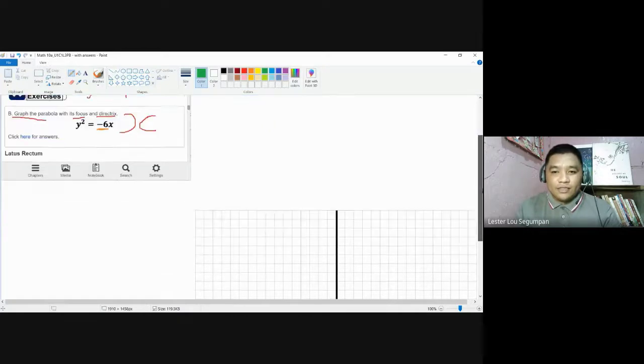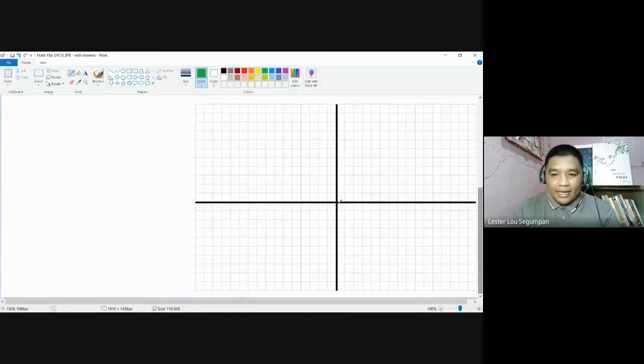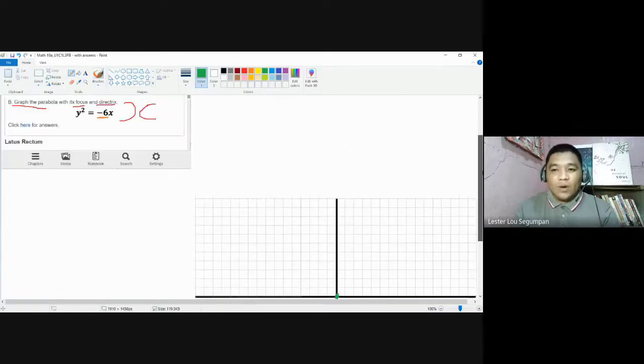So let's use this Cartesian plane here again. We are going to have here our vertex at 0 and 0. Again, even if the vertex is not asked, we could always be guided if we start with the vertex. Why?